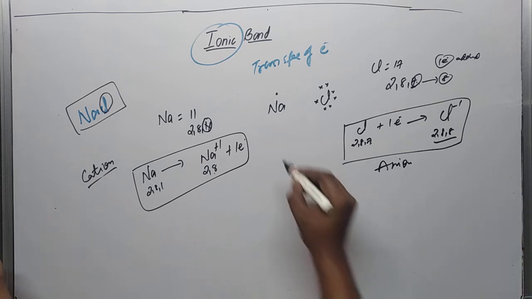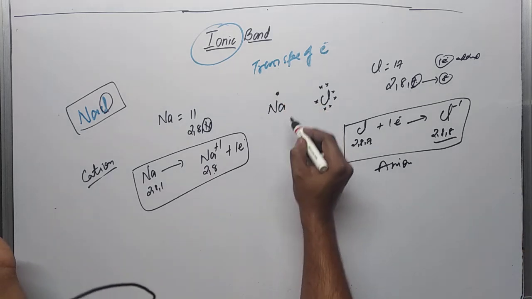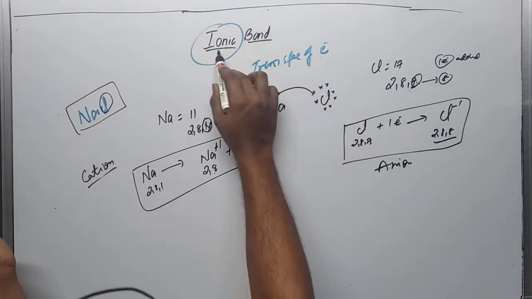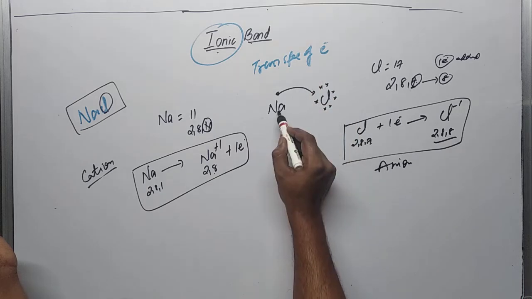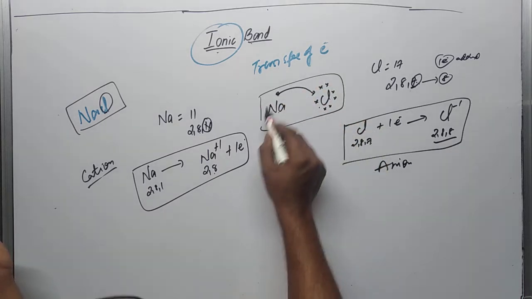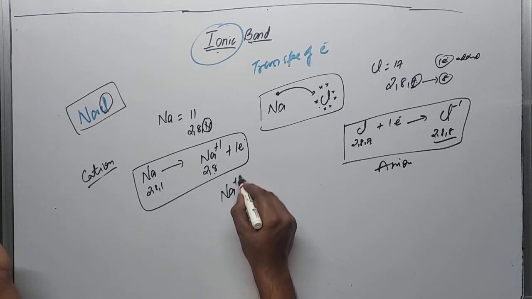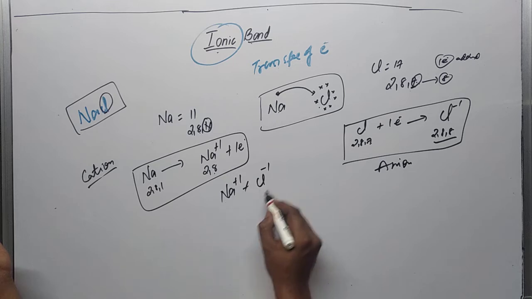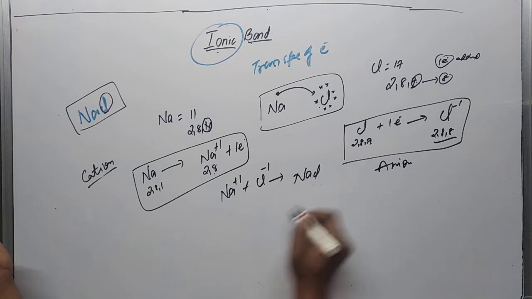So what happened here? 1 electron is transferred from sodium to chlorine. So you can say ionic bond is an example of transfer of electrons. One electron is transferred from sodium to chlorine, and now sodium has a plus charge and chlorine has a minus charge. Now both will combine and we get the molecule NaCl.